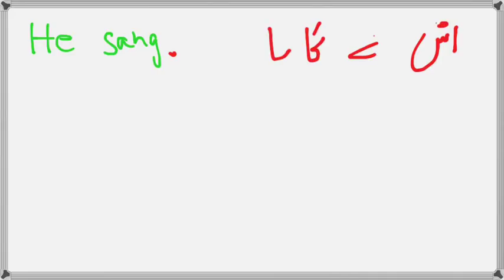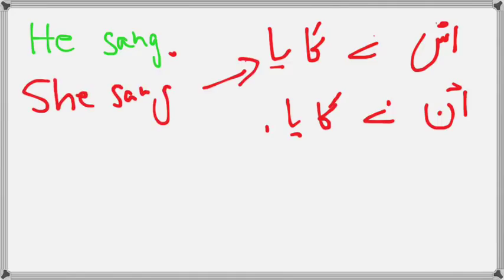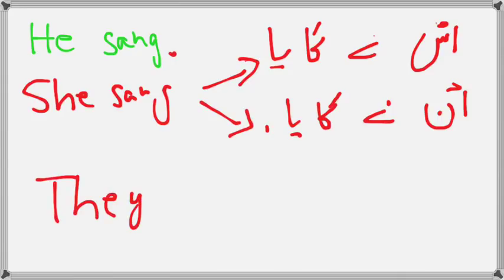He sang. So this is an easier version. Therefore, we just write usne gaya. Or for respect, we can say unne gaya. He sang, and for she sang, we use usne gaya. And for respect, unne gaya, and unne gaya is also used for they sang.